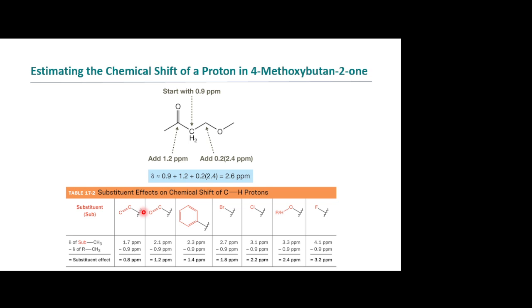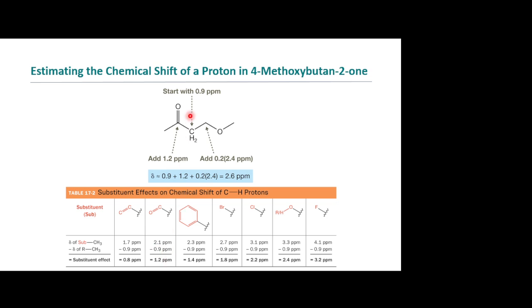Okay? So let's go ahead and look at the carbonyl real quick. You may have wondered where exactly I got my number here from. Okay? And so we look at carbonyl. We take with the substituent off of CH3, and then we reverse CH3. Okay? And so the effect of that substituent, which is a carbonyl, would be 2.1 minus 0.9.